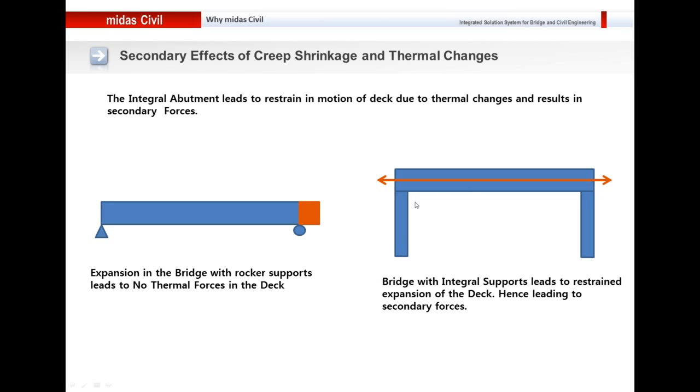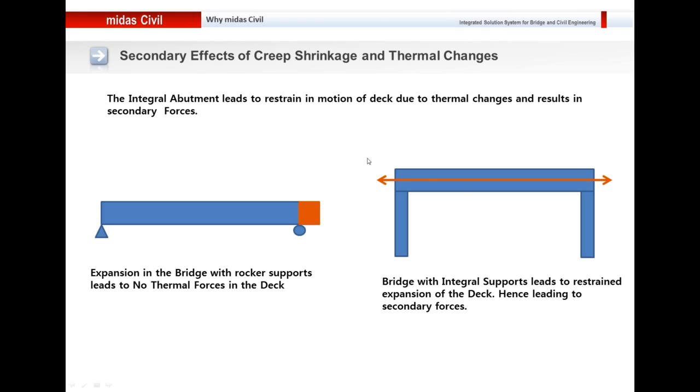But when it comes to integral bridges, let's say the temperature increases. These abutments, which are integral or rigidly connected to the deck, would restrain the movement of the deck in the outward direction. So basically it prevents the expansion of the superstructure, and this way it leads to secondary effects. And this is what we should study.